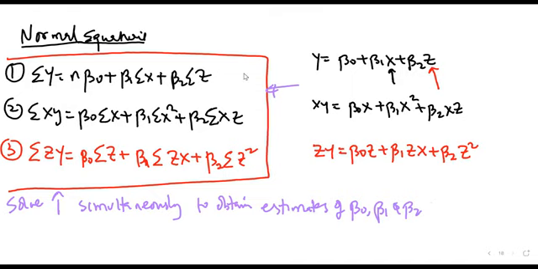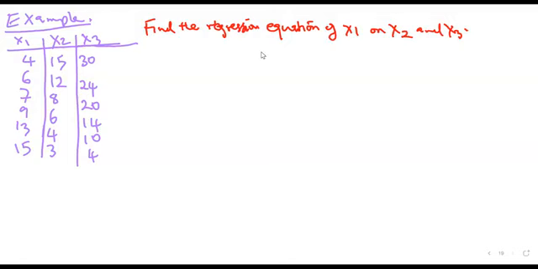Okay, I don't know if there's any question before we look at an example. So let's look at this example where you're told to find the regression equation of x1 on x2 and x3. It's good for you to note that when you have a question like that, this is your dependent variable, and these two are your independent variables.